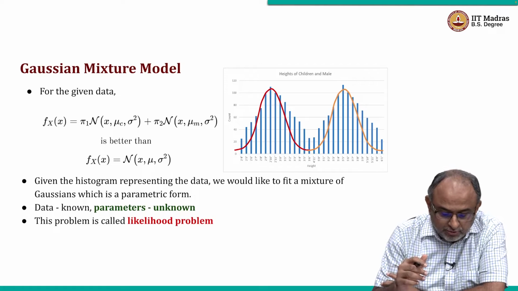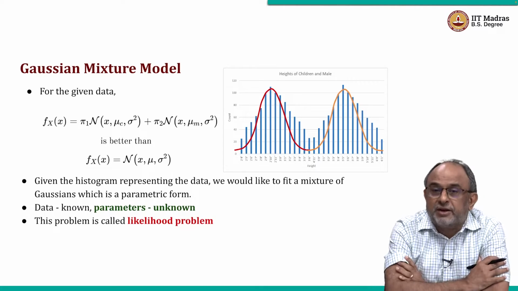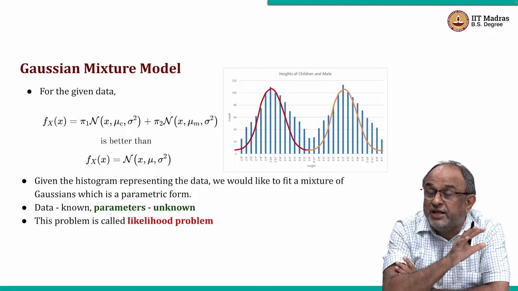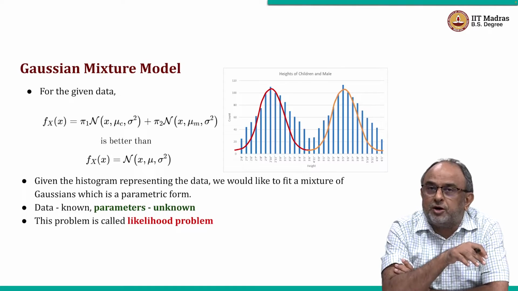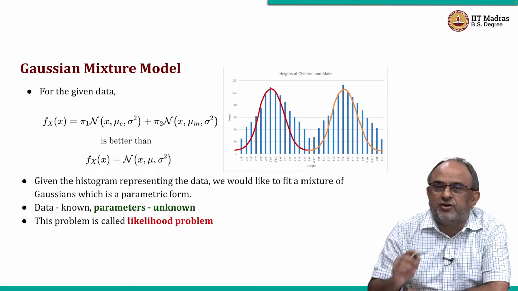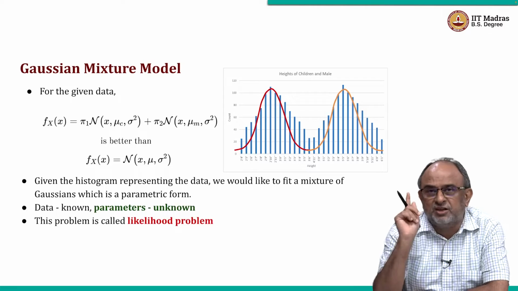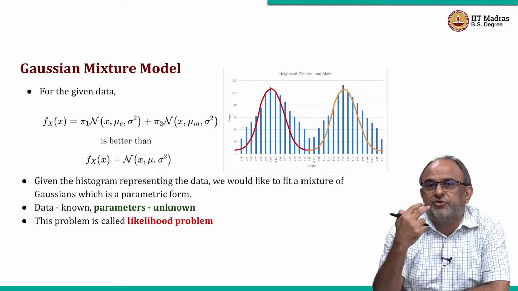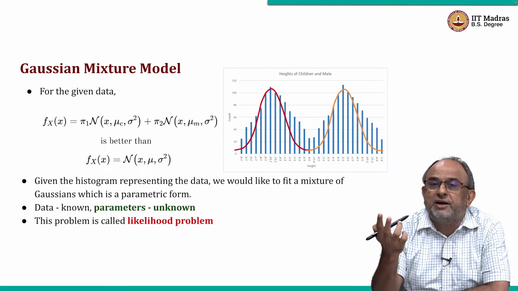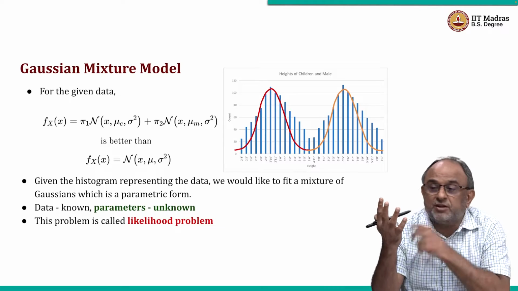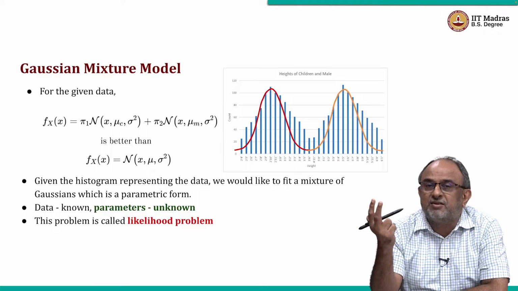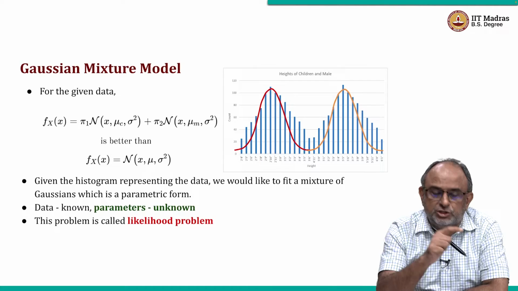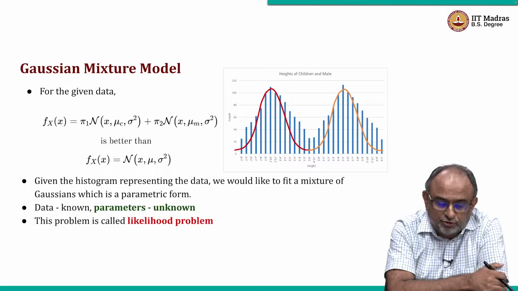Now if I am trying to fit a two mixture model, it is not bivariate, okay, it is a two mixture model. The measurement is only height, so it is a single variate, the variable is single, it is still height, but I am using a mixture of two Gaussians and I have to estimate the parameters of the two Gaussians, which are the mean, the variance or the standard deviation for each one of them, and the corresponding proportion, how much weight I should give to this Gaussian.